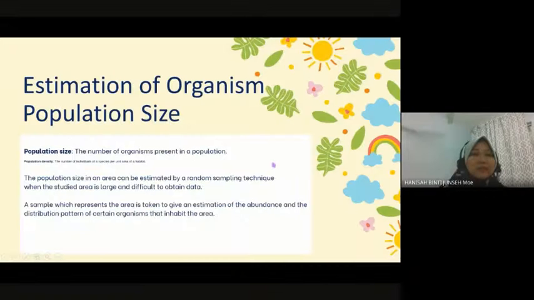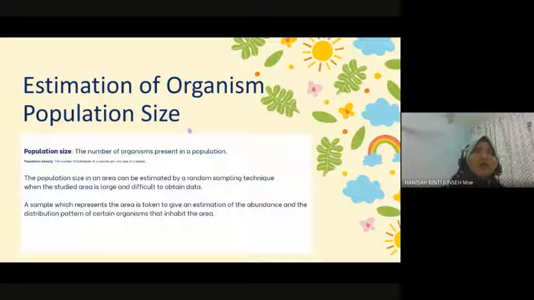Okay, so we go to the estimations of organism population size. So how do we say that that place has many populations of certain species?